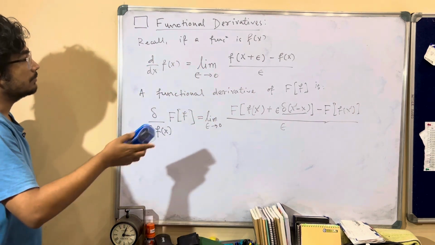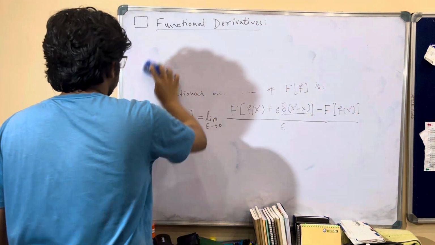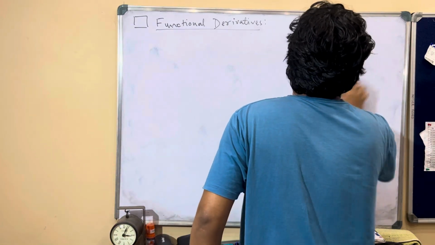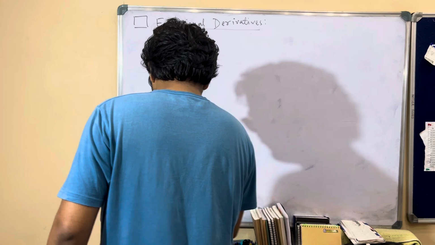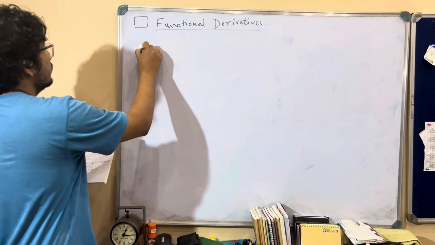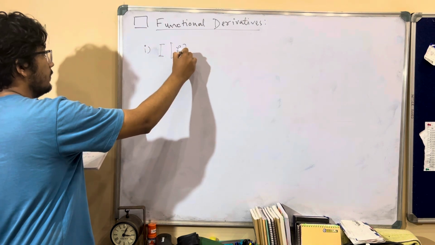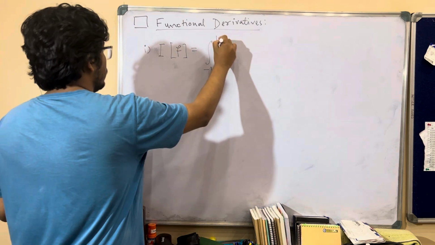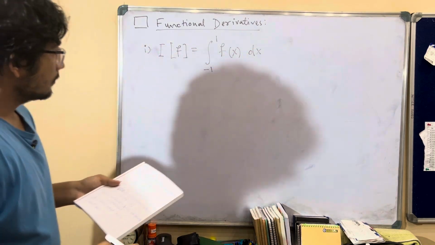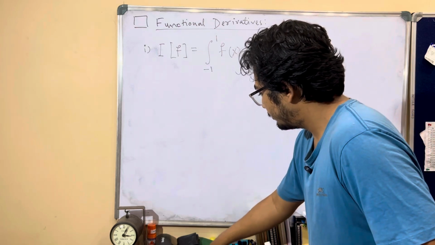Before that, I am going to erase this. Okay, so the very first example is a very simple functional, I of f, equal to this thing. Let me change the ink once again.